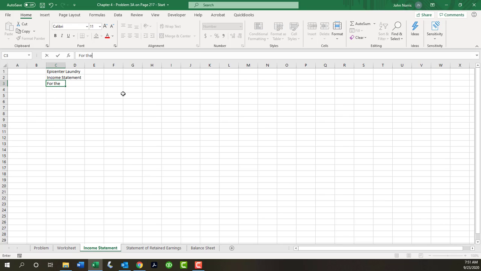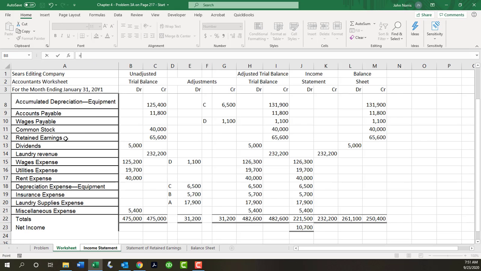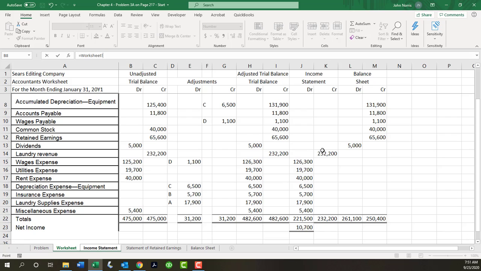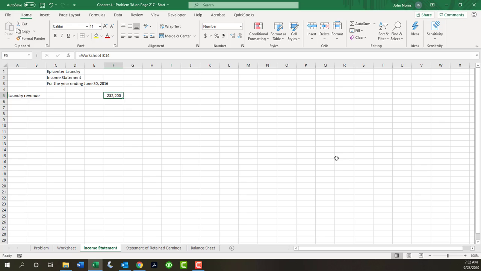And for the period, year ending June 30, 2016. Revenues consist of laundry revenues, and its adjusted balance is $232,200.